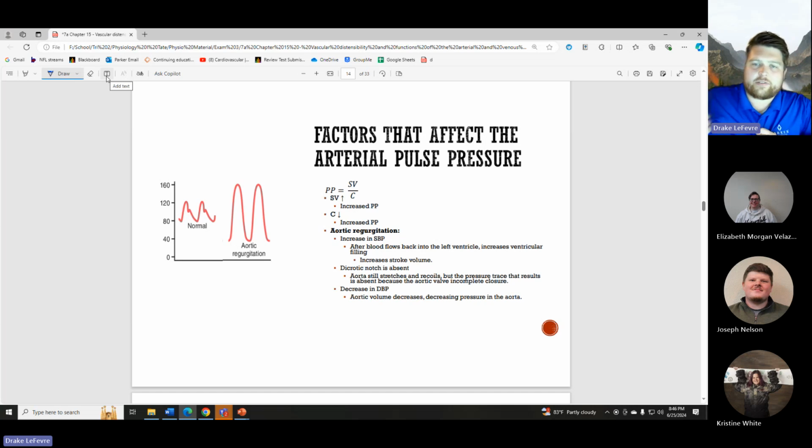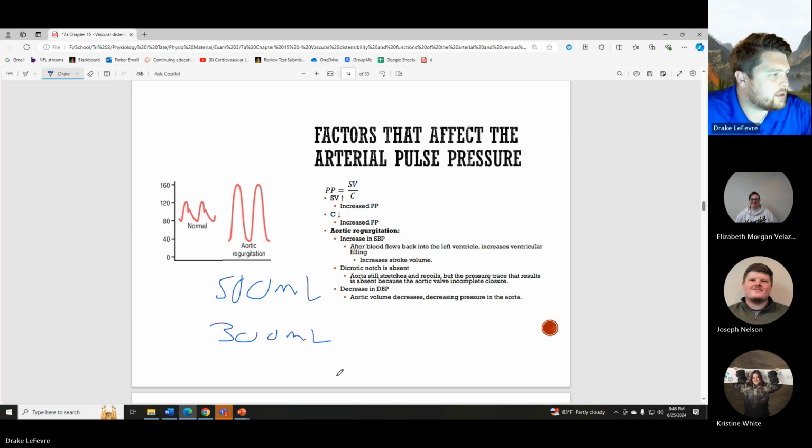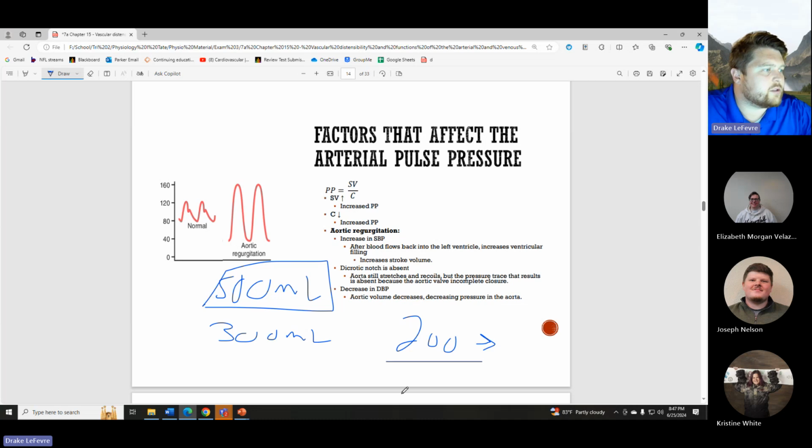So we have excess backflow. It's kind of like we push out 500 milliliters and backflow 300 milliliters, so then 200 actually goes on to do what it needs to do. Our heart has to push out 500 milliliters each time to get the necessary 200 for the rest of the body with each heartbeat.